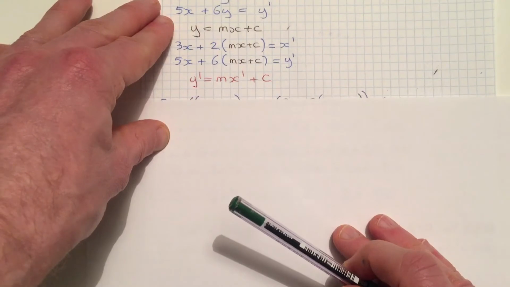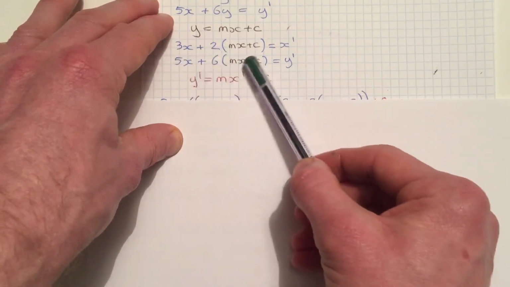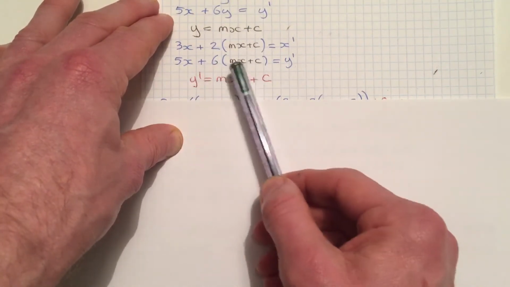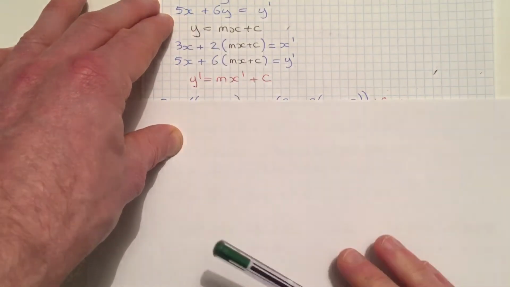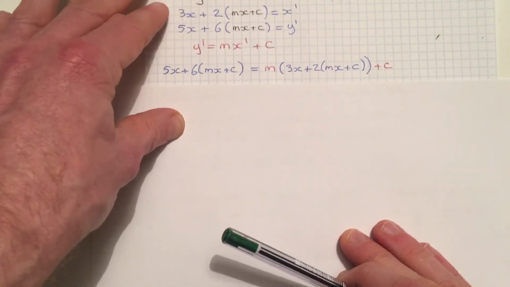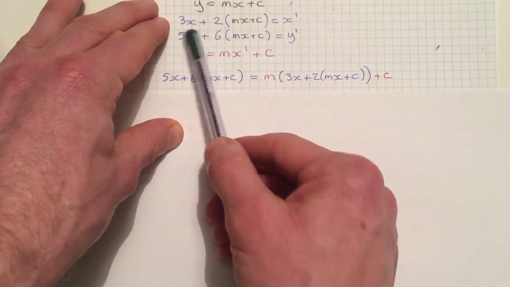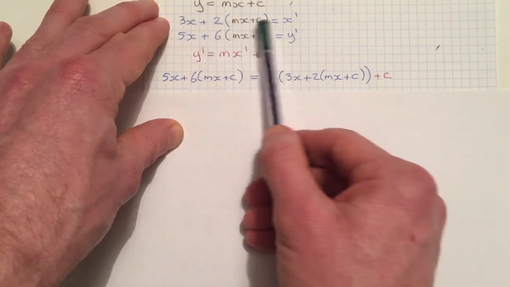So I can also substitute all of this here instead of the y', and then all of this up here instead of the x', which gives this long equation. So like I say, the y', that's just all of this. The x', that's all of this.